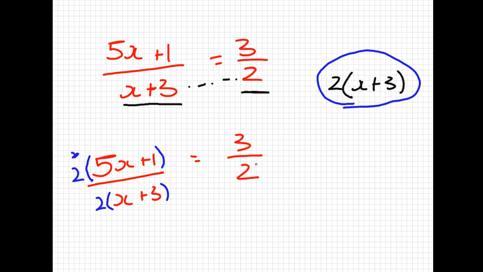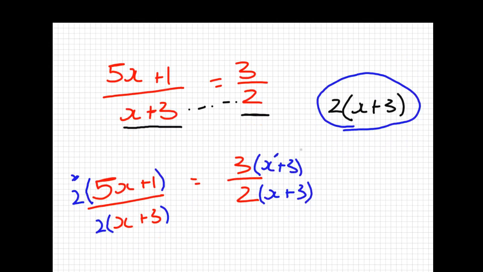So over to this side. Now I have a 2 here, and I want to convert that into 2(x plus 3). Well, I times that by (x plus 3). Whatever I do to the bottom line, I do to the top line, so I have to times that 3 by (x plus 3). So there you are.